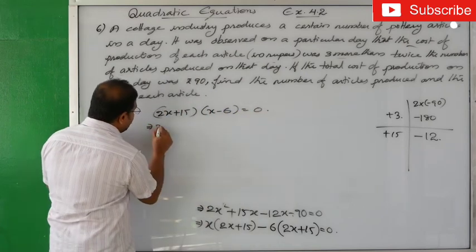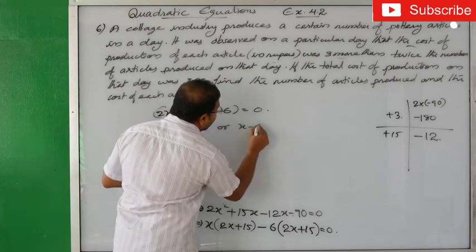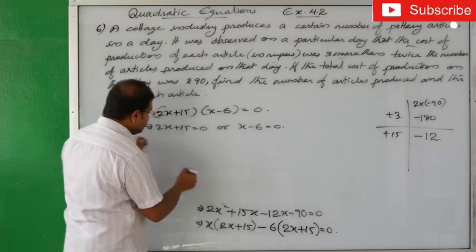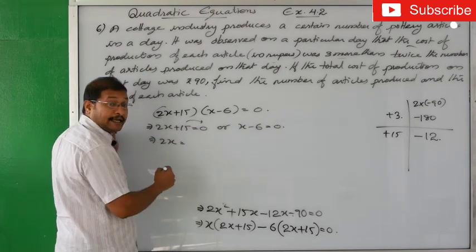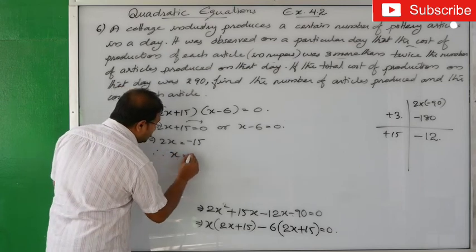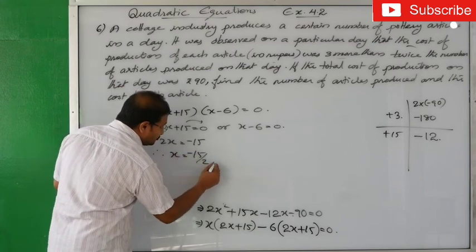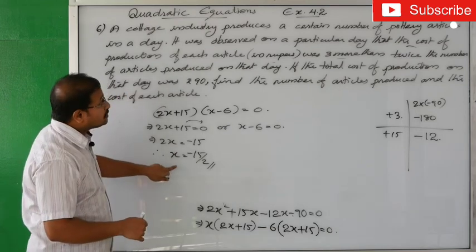This implies 2x plus 15 equal to 0 or x minus 6 equal to 0. Implies 2x equals, plus 15 goes to the next side, minus 15. Therefore, x equals minus 15 by 2. Ready? But we know that x is what?